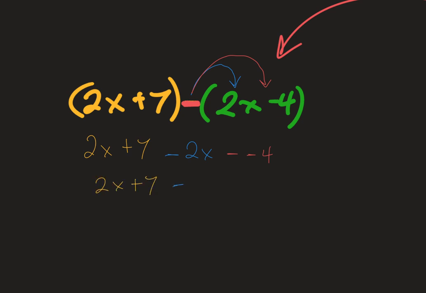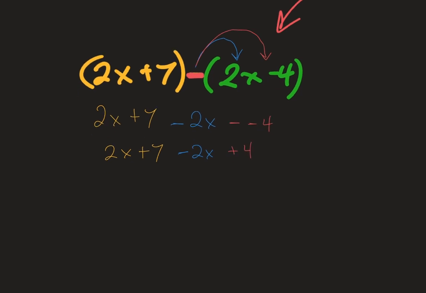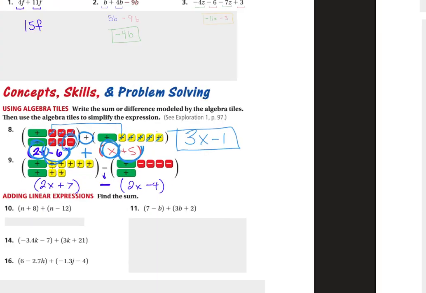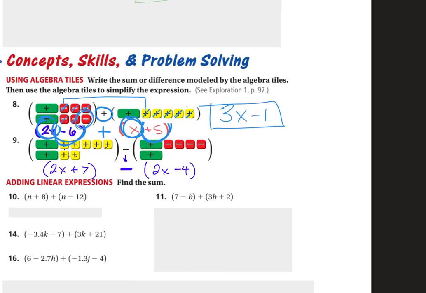So to update everything, it looks like that. And just like a second ago, the 2x and the negative 2x cancel each other out. And then 7 plus 4 is just 11. So either way you do this problem, the answer is just 11.